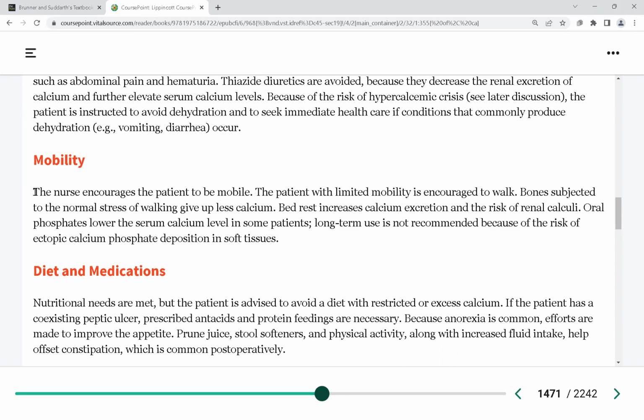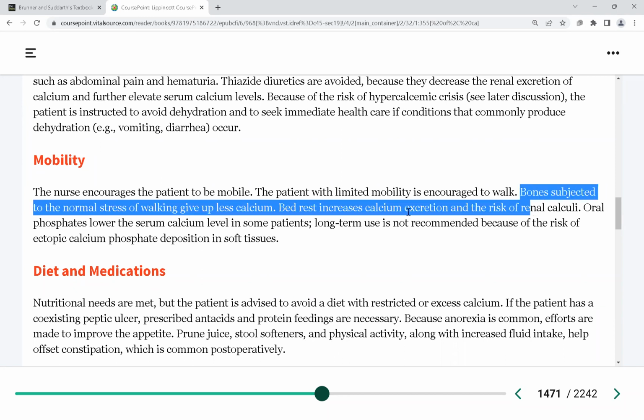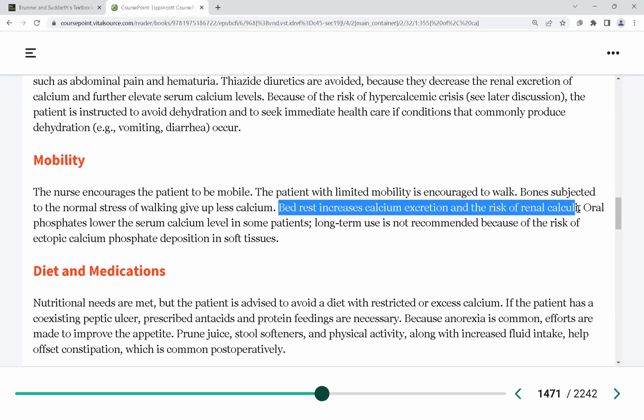So the more stress you put on the bone, the more it will promote calcium deposition in the bone, meaning it strengthens the bone. So here, bones subjected to normal stress of walking give up less calcium. This is the rationale why we don't put them on bed rest, because what does bed rest do? It increases calcium. It makes the condition worse.